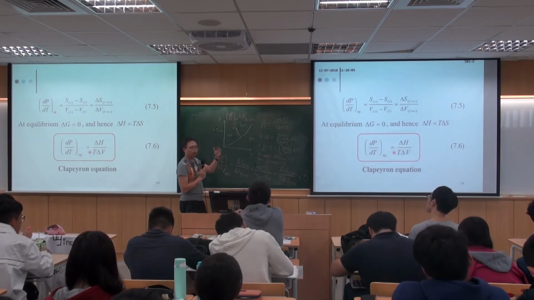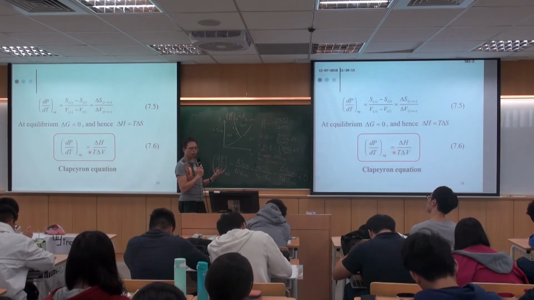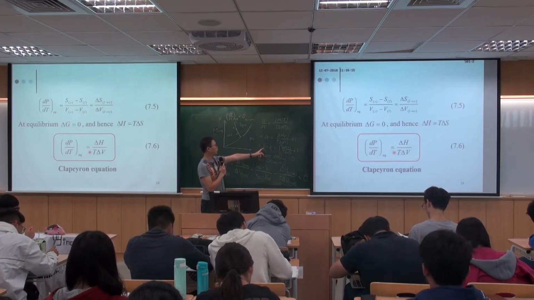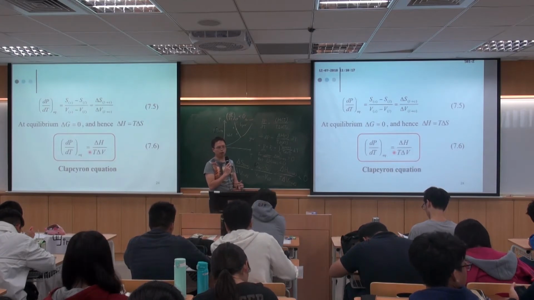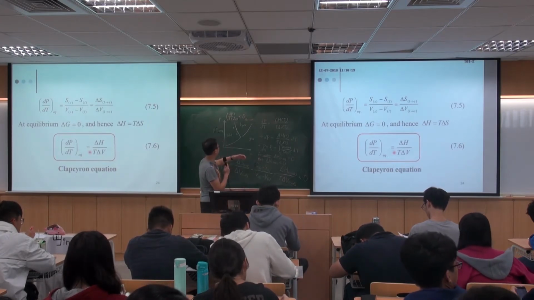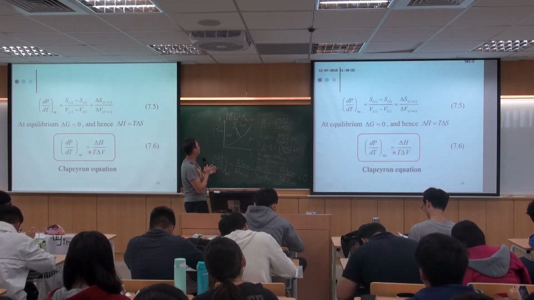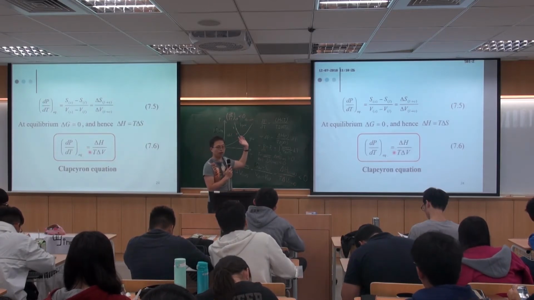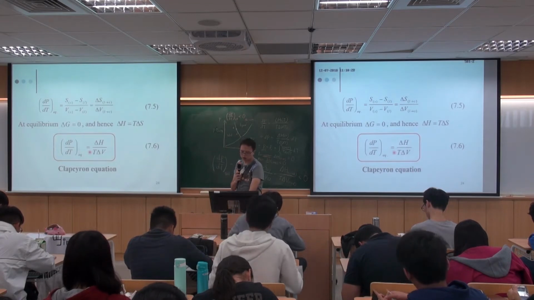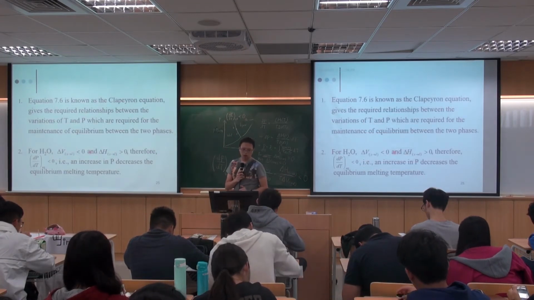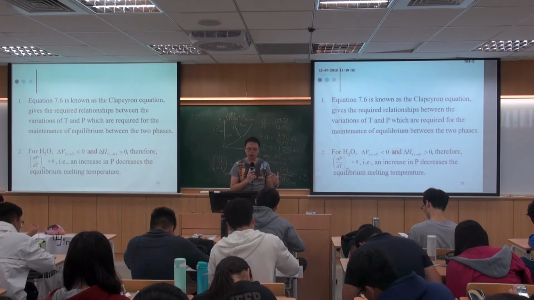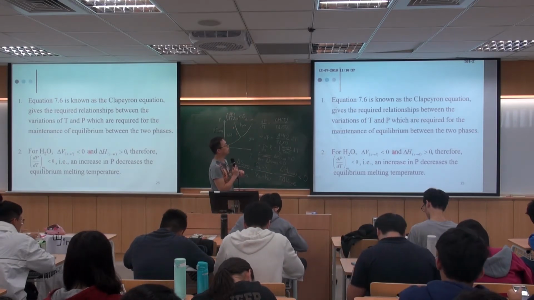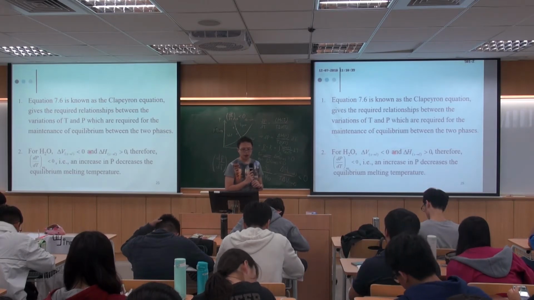So this is a general thought of what we're going to approach in order to get pressure as a function of temperature. But typically, if you have dP over dT, then you can already predict what the trend should be. It should be a negative slope or a positive slope. So this is known as the Clapeyron equation, and it actually tells you what the trend line should be between these two different phases.